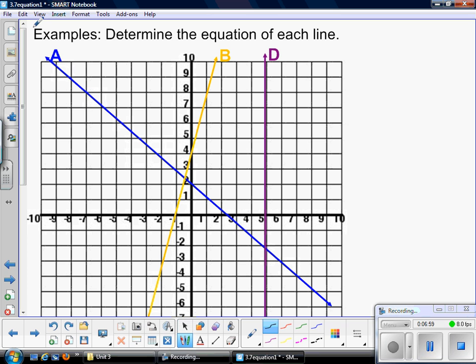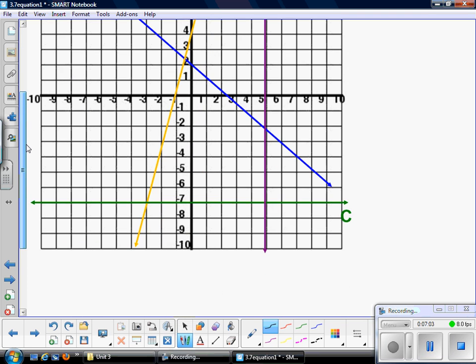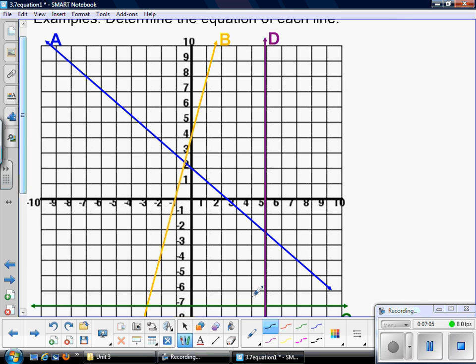Okay, so we have lines A, B, and I must have a C down further and a D. So I'm going to switch to blue, so that we are matching. So now I'm looking at the first one. I can see that it crosses at 2, so I can read that my B is 2.